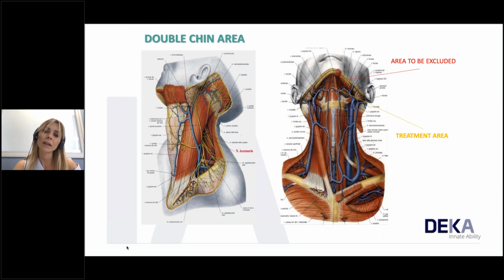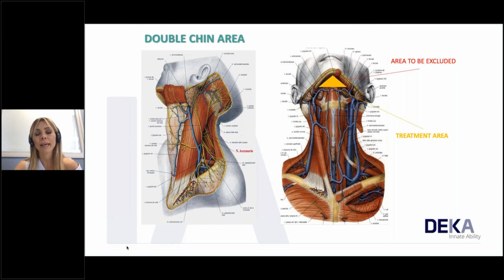Well, recently, DKA, in order to respond to the request of customers, increased the field of application of Onda even to the treatment of the double chin of the submental area.